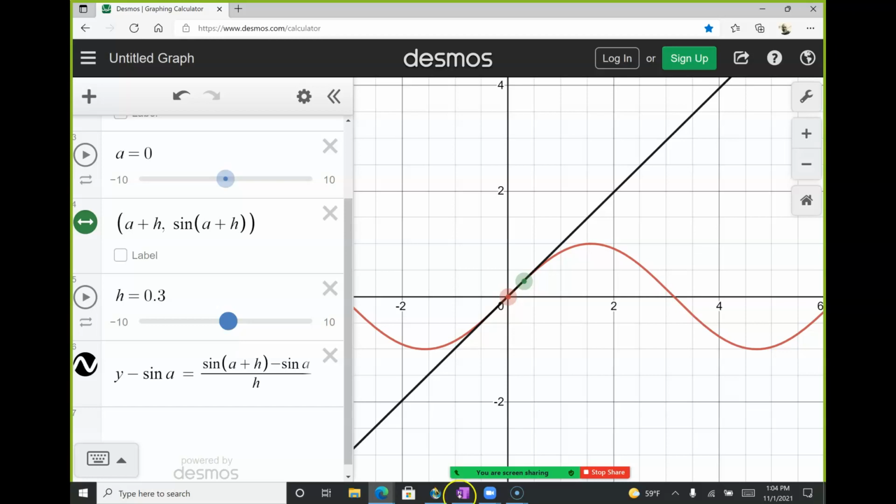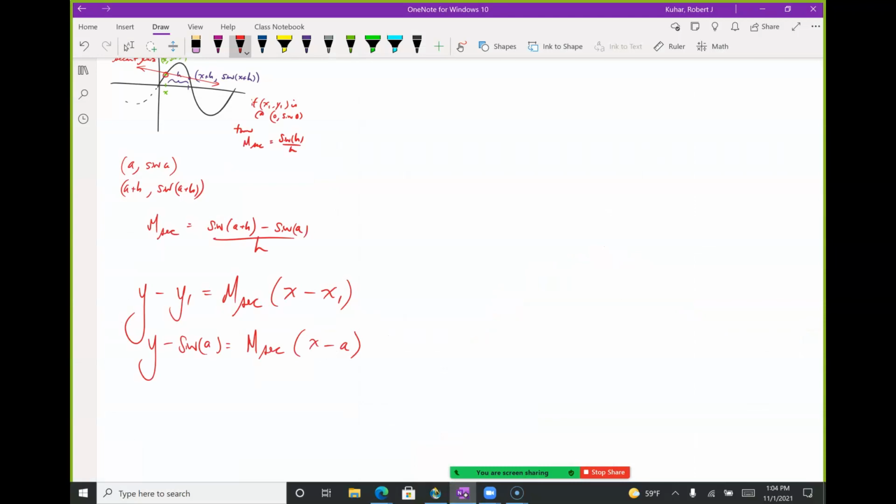What's crazy about this, and this is a calculus problem, is that when I'm at 0, 0, at 0 comma h, I'm getting sine of h over h. And now I'm letting h go to 0. You with me? If I let h go to 0, I get sine of 0 over 0.